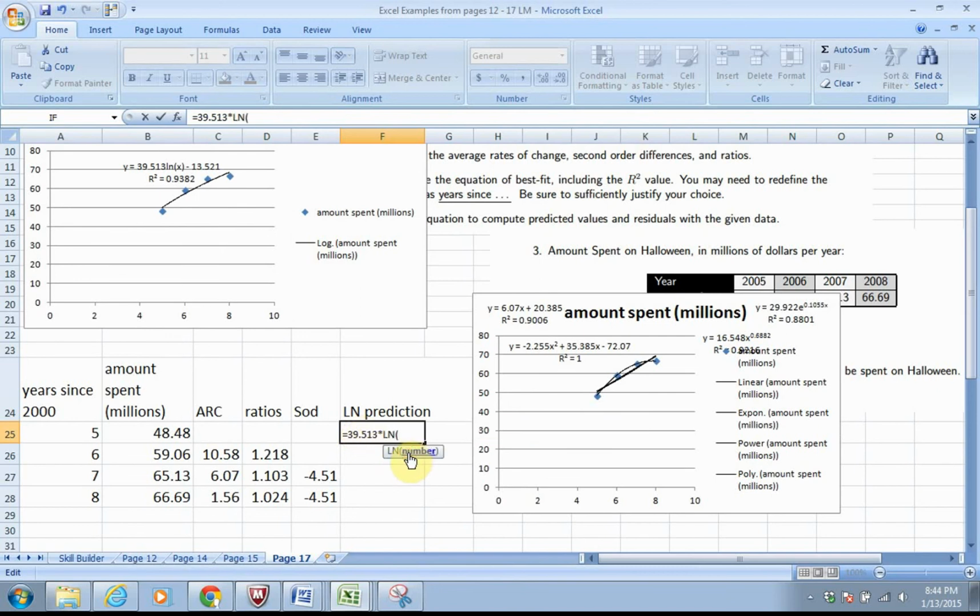Double click, and then we know that we're going to access our cell from the input column. Close your parentheses, subtract 13.521, hit enter.